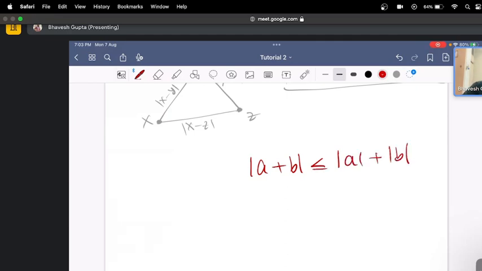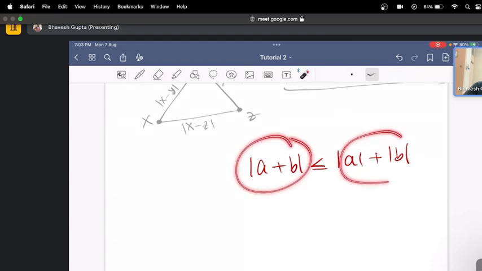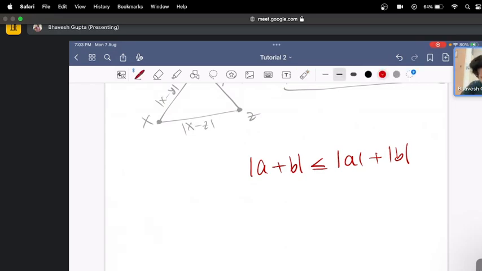So this particular left hand side is always less than or equal to the sum of the individual moduli. And hopefully many of you know this, that this particular quantity is greater than or equal to the difference between the moduli. See, again, distance of distance, right?